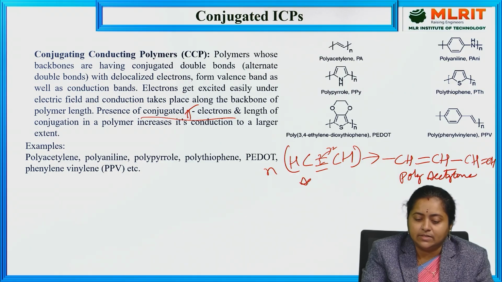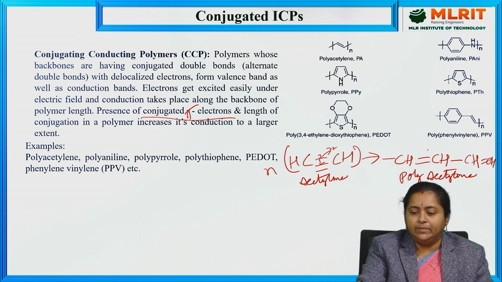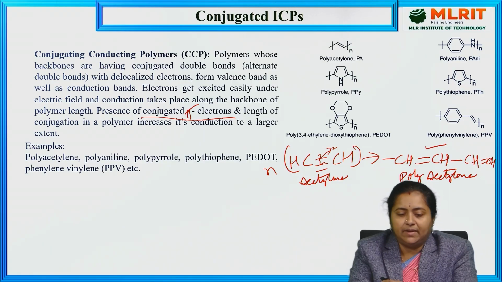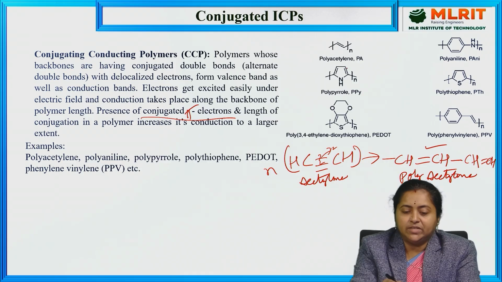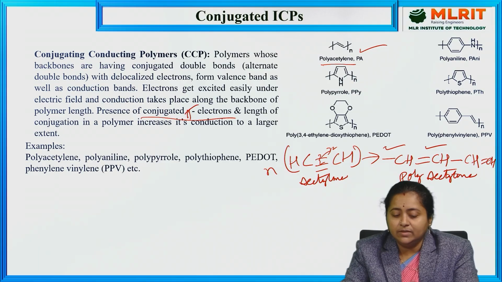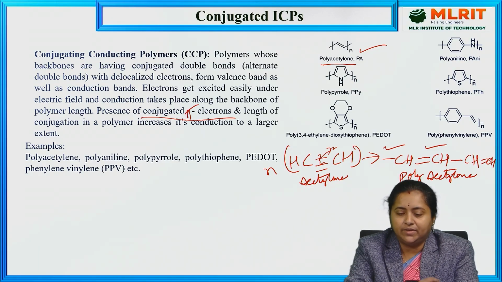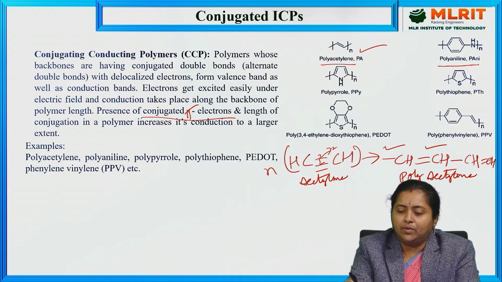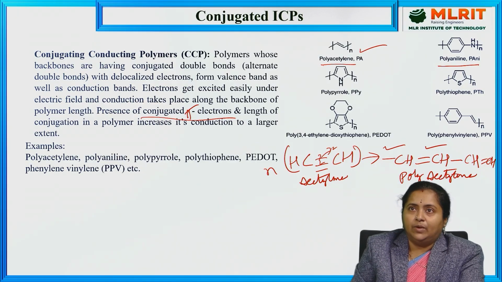So this is acetylene, and if it is subjected to polymerization reaction, polyacetylene will be the result. In a similar manner, some examples were mentioned which have a conjugation of double bonds in the polymer backbone. Polyacetylene, whose formation I just showed you through polymerization, and another example, polyaniline, obtained by subjecting aniline to polymerization reaction.